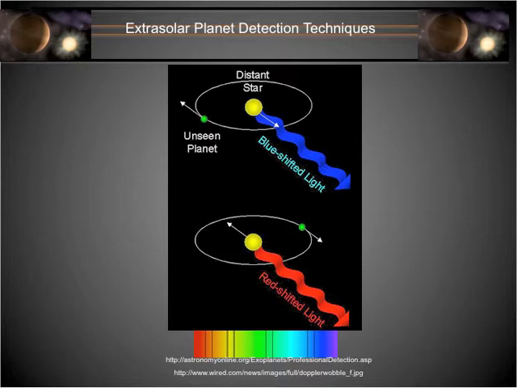And so we see this pattern of lines in the spectrum, which maybe correspond to hydrogen or helium or some other atom or molecule, and they are periodically shifted from blue to back where they should be, to red, to back where they should be, to blue, and so on and so forth. This indicates that something is causing the star to regularly move towards us and then away from us.